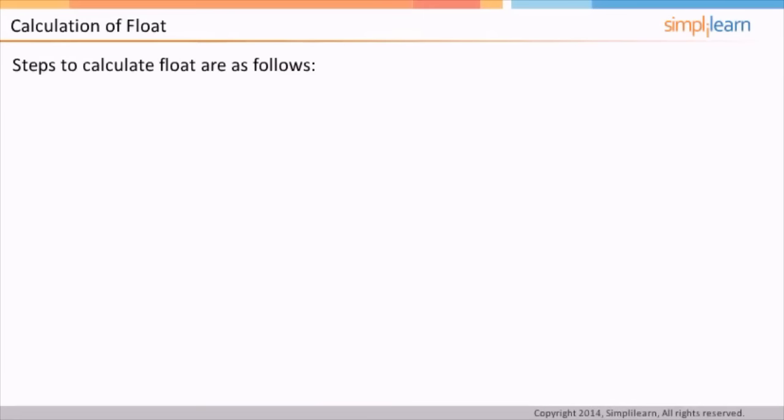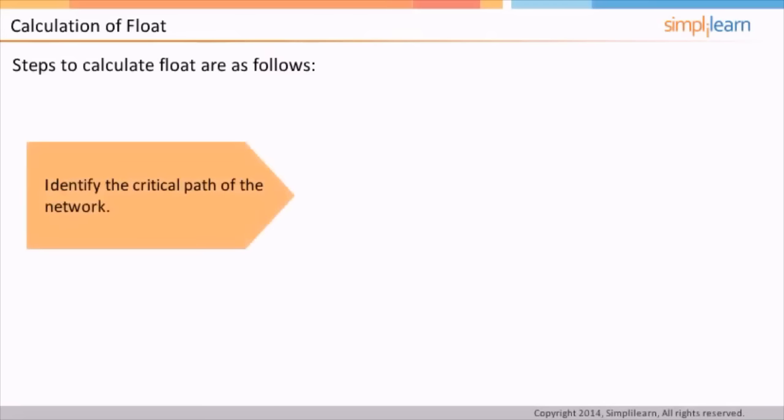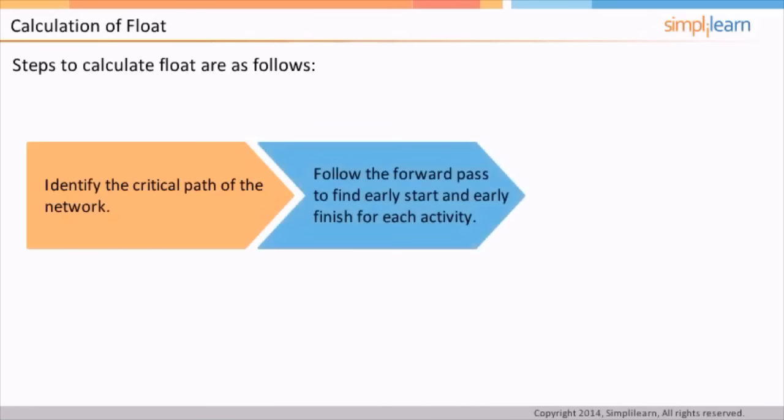Float of an activity can be calculated by 2 methods. However, the first step in critical path method is to identify the critical path of the network. Once the critical path is identified, follow the forward pass to find early start and early finish for each activity. The float of the activities on the critical path is 0, so they represent the overall project duration.